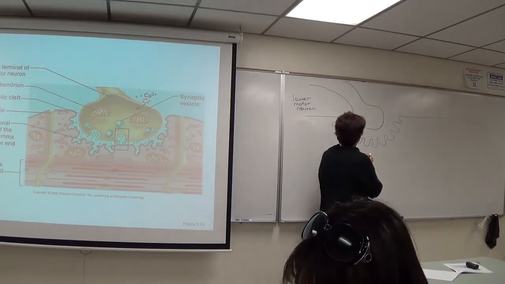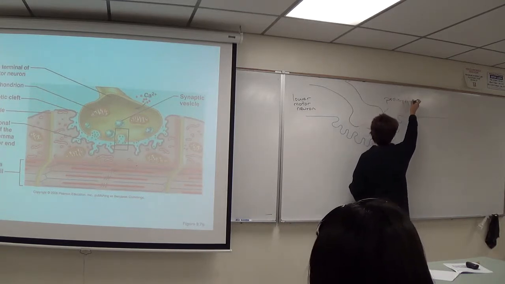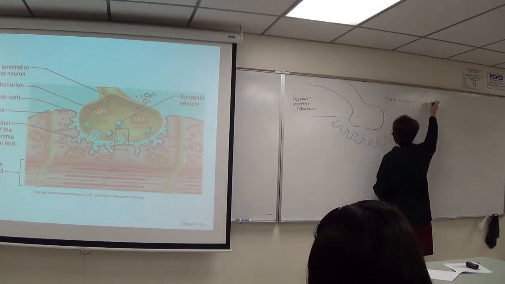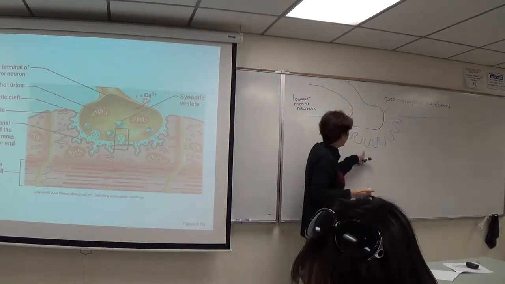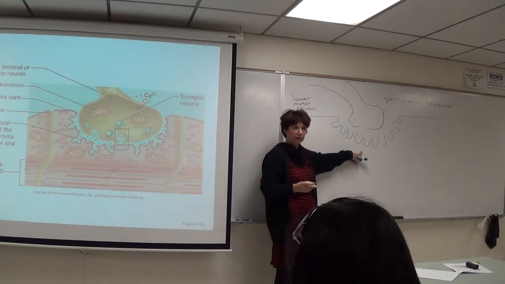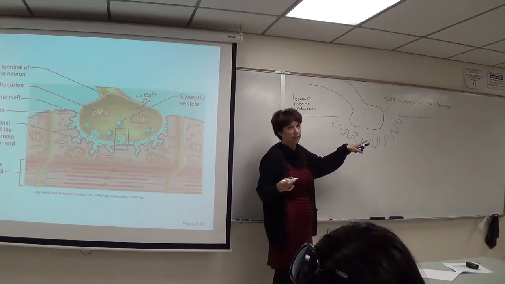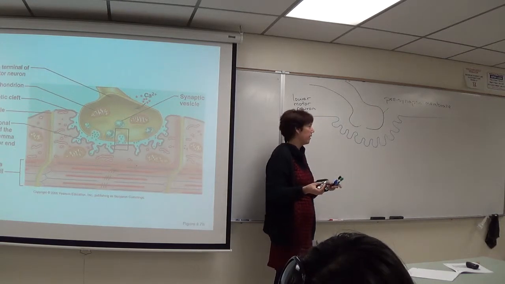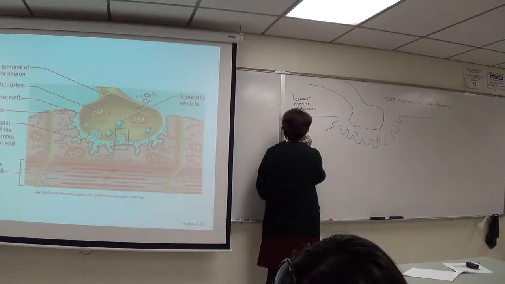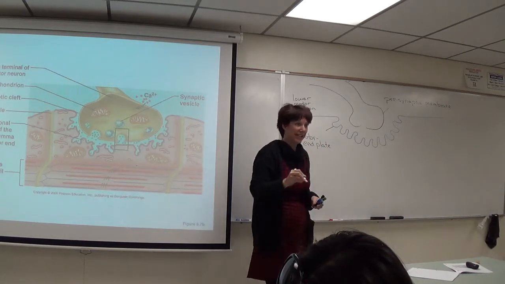So this membrane of our lower motor neuron is known as the presynaptic membrane. Remember that term? And if this was another neuron, we would call it the postsynaptic neuron. The whole thing would be a synapse. Because this is a skeletal muscle cell, we talk about this as a junction rather than a synapse, and this is described as the motor end plate. So don't confuse that with a motor unit, all right?